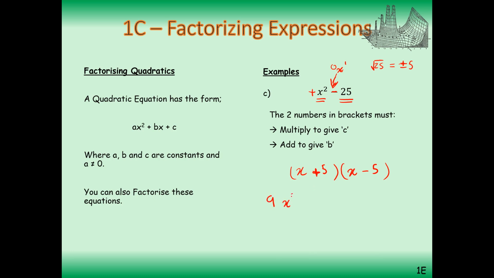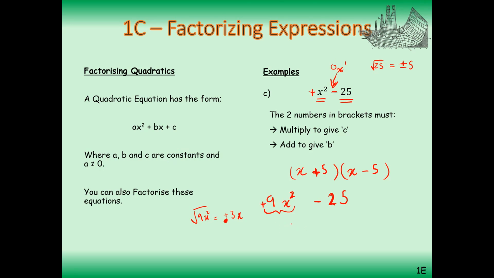Now I'll show you another example. You might see a question like so. What's the difference between this expression and the one above is that you have a coefficient of 9 here. Now this 9 is positive, so you also need to look out for the square root of this expression here. The square root of 9x squared is plus or minus 3x, but you only take the positive value for this because the 9 is positive.